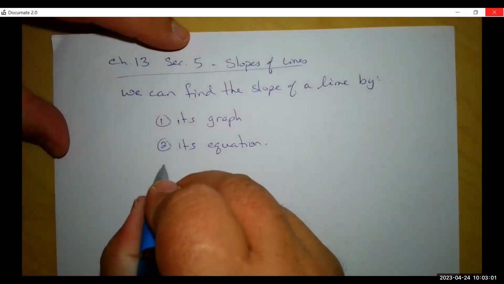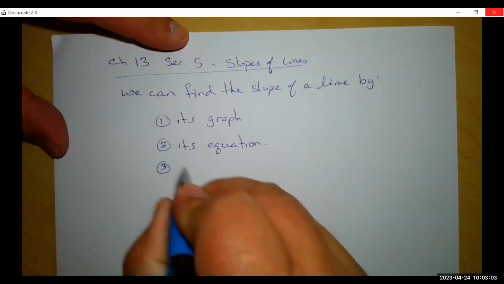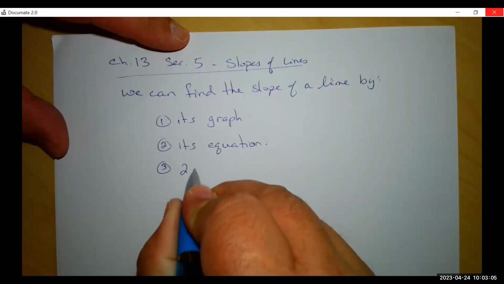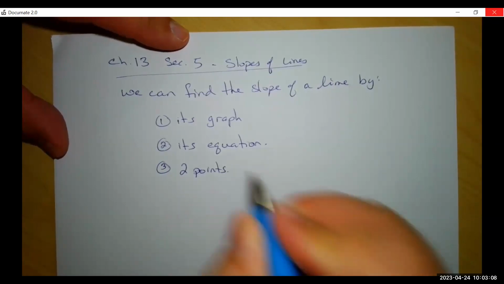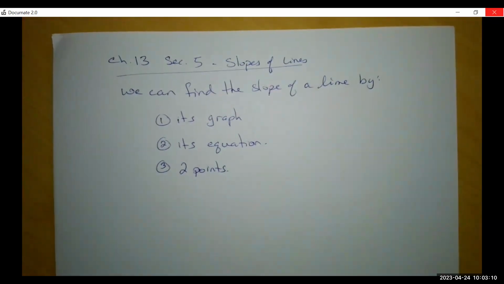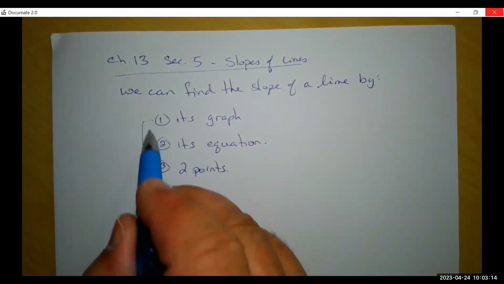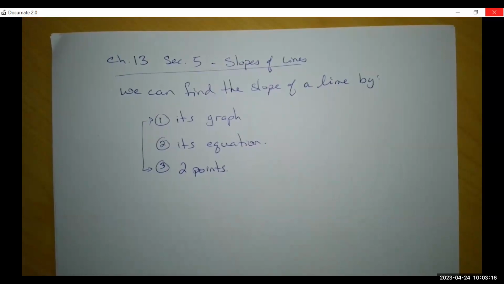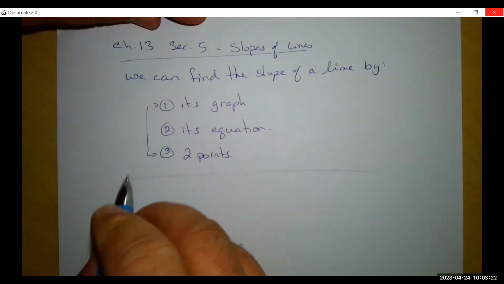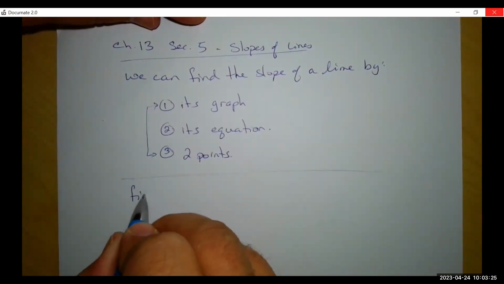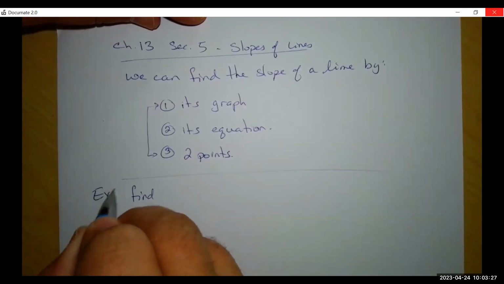Well, we've done another one before: two points. Really, the first and third one are really the same. For example, this is an example.